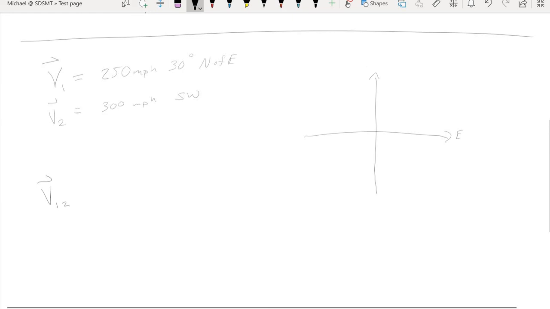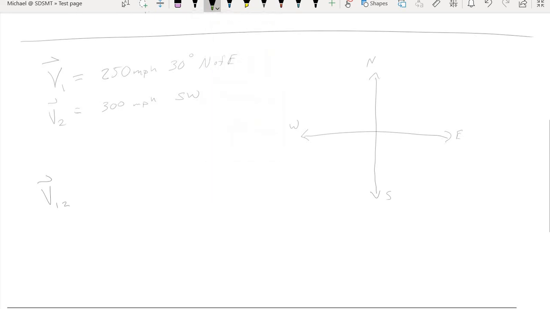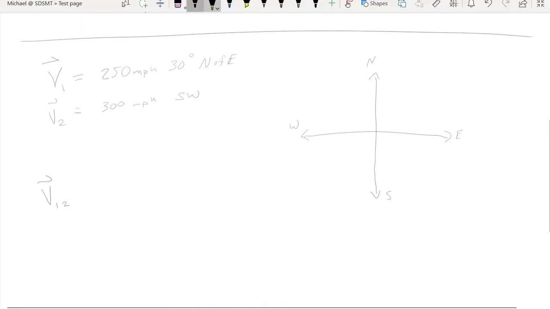So our XY axes have now been replaced with the appropriate compass directions. And velocity 1 is 250 at an angle of 30 degrees north of the easterly direction. So we have to measure 30 degrees to the north of east.